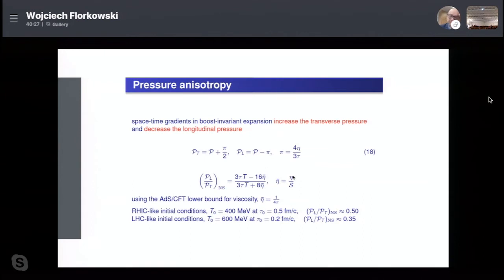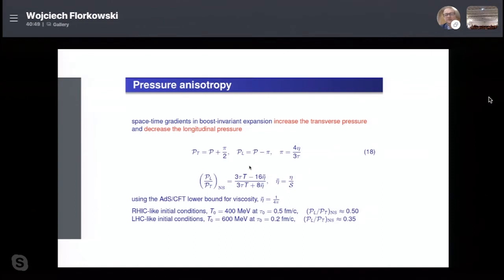Then you can look at the diagonal terms and define pressure components in different directions. For a perfect fluid, they are all the same. The system is isotropic. But if we have effects due to shear viscosity, then the pressures become different.